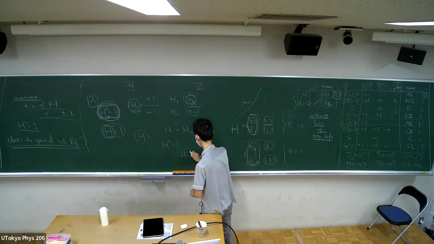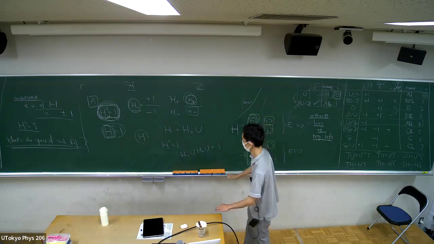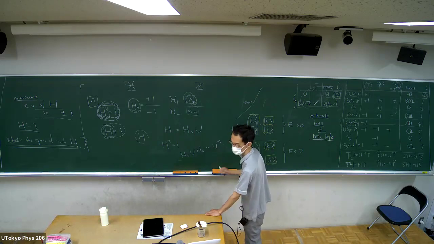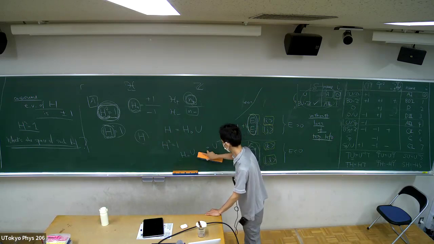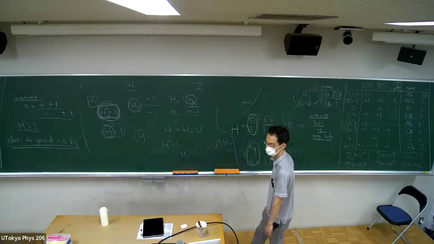This means that H0U, H0U is 1. This means U inverse multiplying by H0. This is H0.